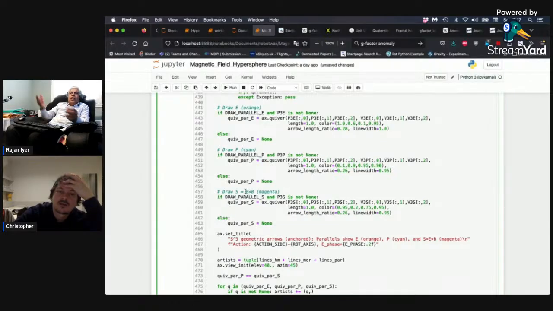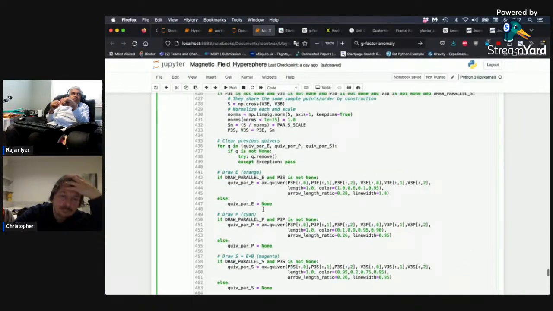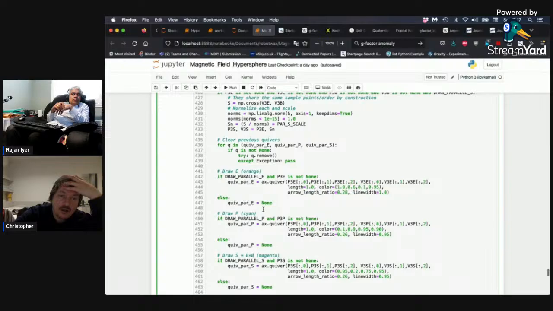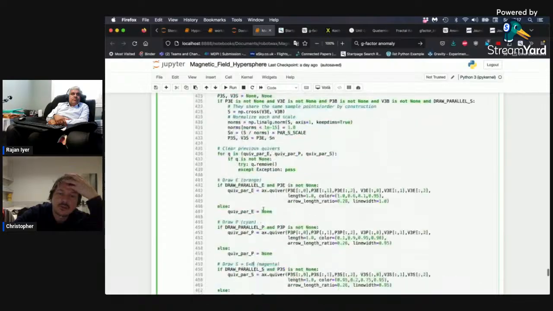Oh, okay. So P is the Poynting thing. We're just saying it's the Poynting vector. It's just a guess, but it's actually orthogonal. Wait a second, that's a bit confusing.